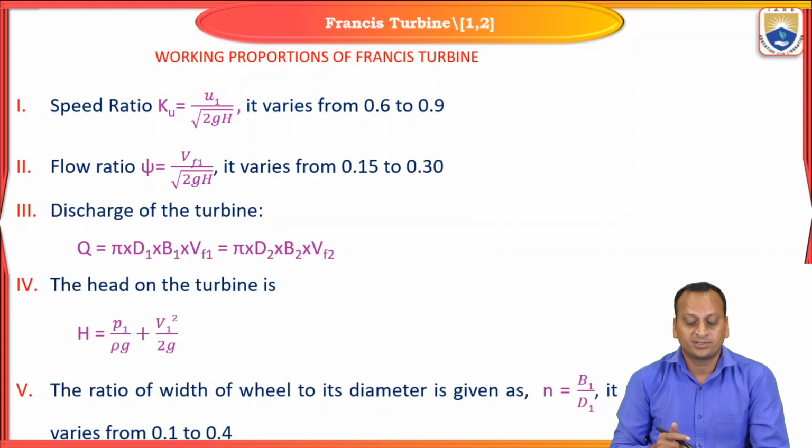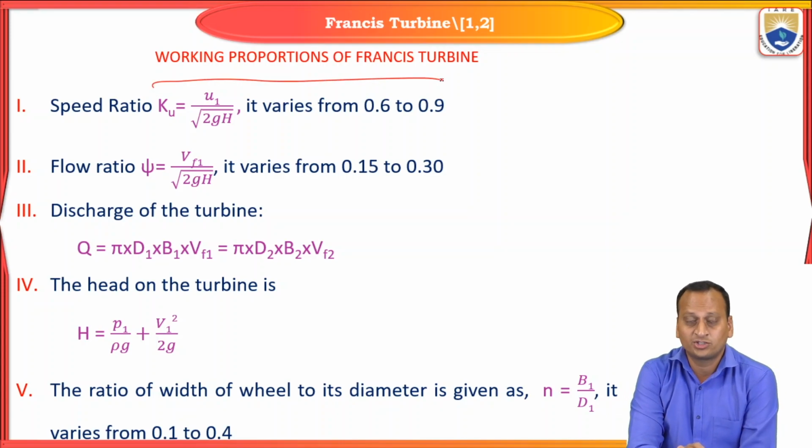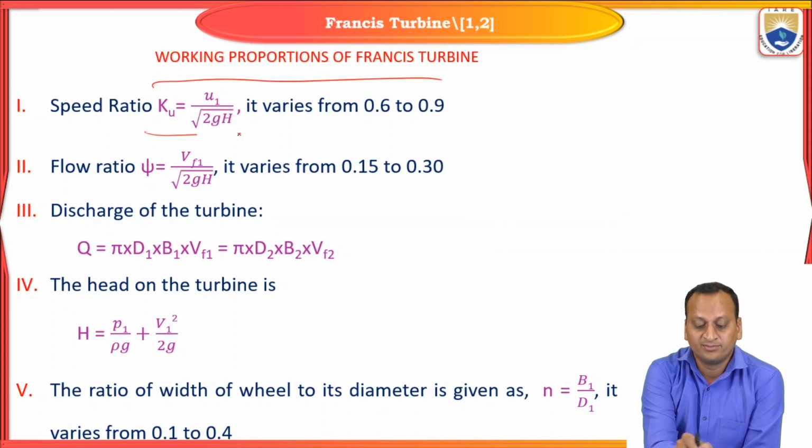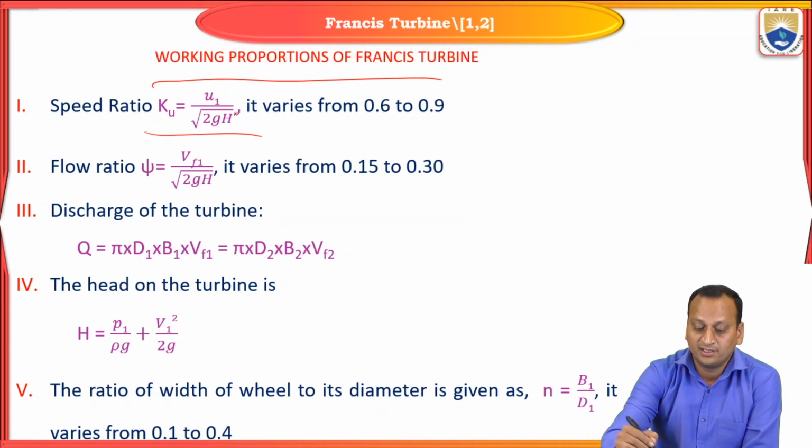There are some other empirical relations for the Francis turbine that we need in order to solve problems and determine different unknown parameters. The speed ratio can be given as Ku equals U1 by root 2gH. We have seen already U equals Ku root 2gH.